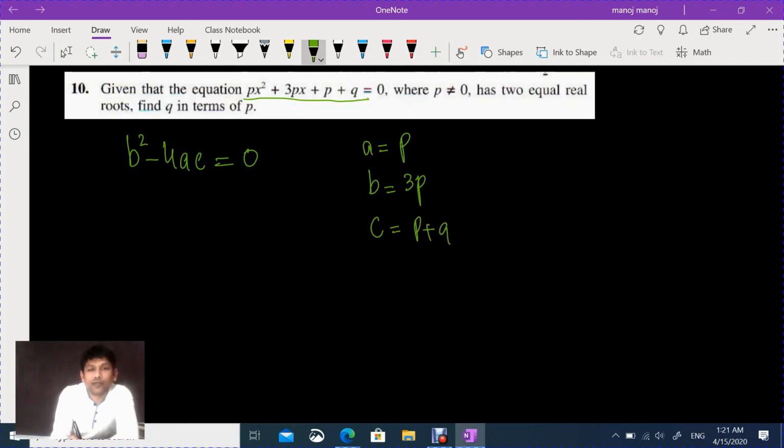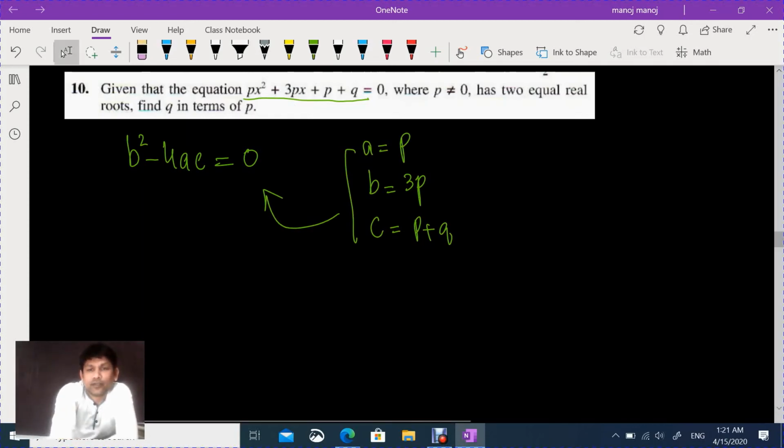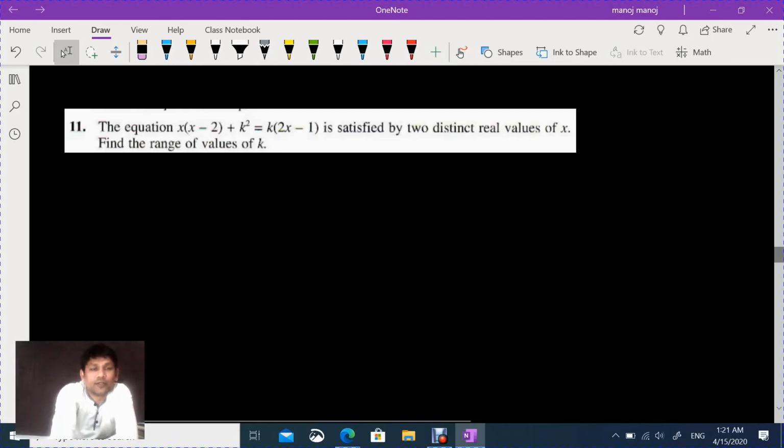Substitute the values here. I think you can do it, and you have to make q the subject in the end.